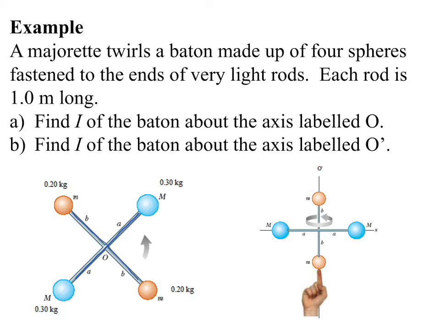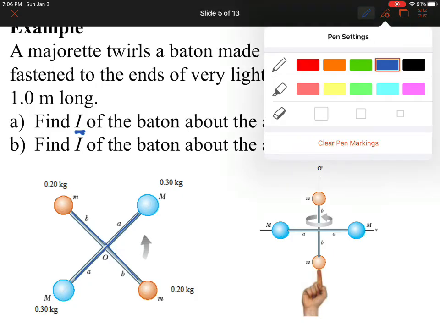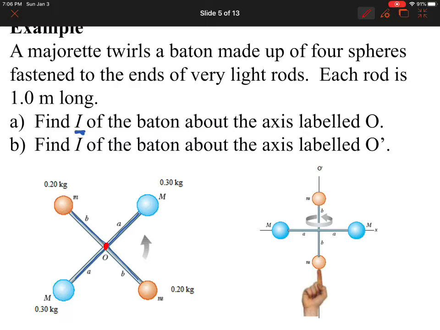Each rod is 1 meter long, and we want to find the rotational inertia of the baton about the axis labeled O. That's kind of the middle of this cross section, so there's O right there.